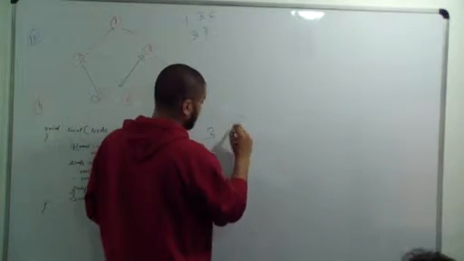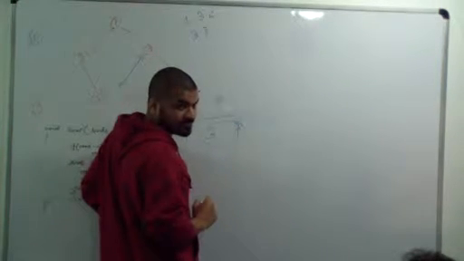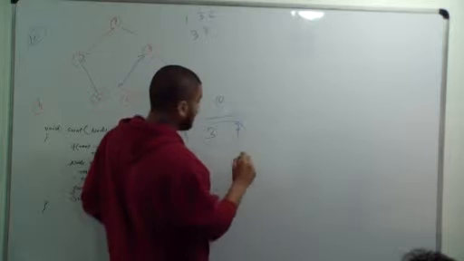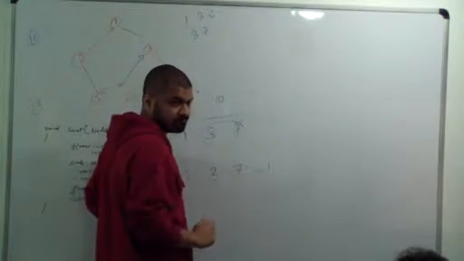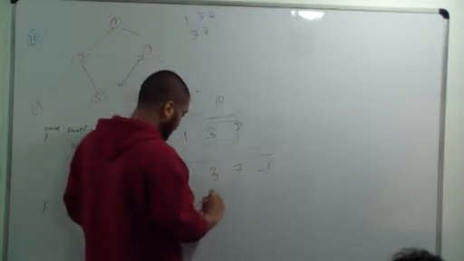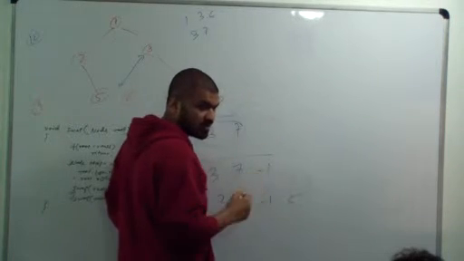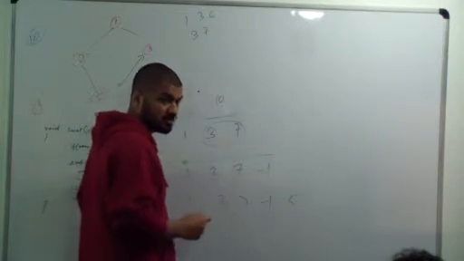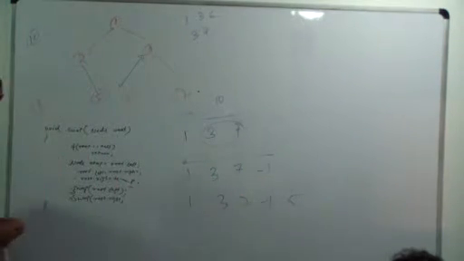Then you come here with 7 and 3 and say, I have 10, this is a path. Then I come to 1, 3, 7, minus 1; this is a path. Then 1, 3, 7, minus 1, 5; there is no path. Assume there are no problems here.